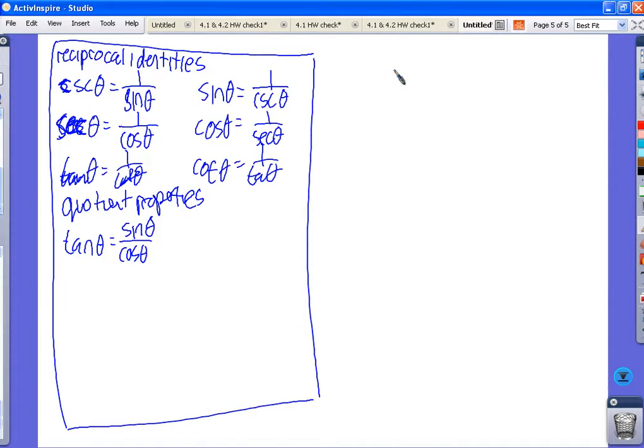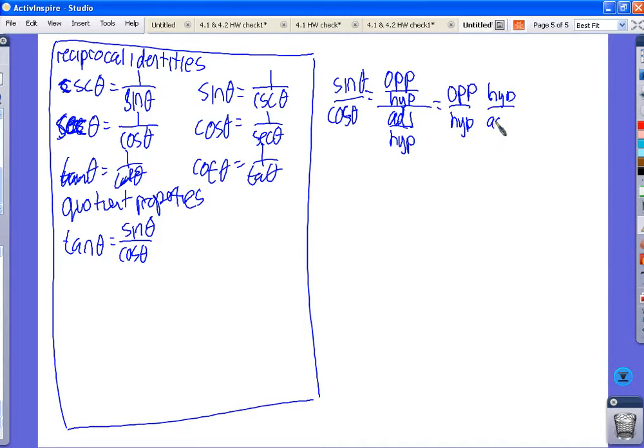So the sine is what? How do we get the sine in a triangle? Opposite over the hypotenuse. So the sine over the cosine is equal to the opposite over hypotenuse. That's the sine. What's the cosine? The adjacent over hypotenuse. When we divide fractions, multiply by the reciprocal.